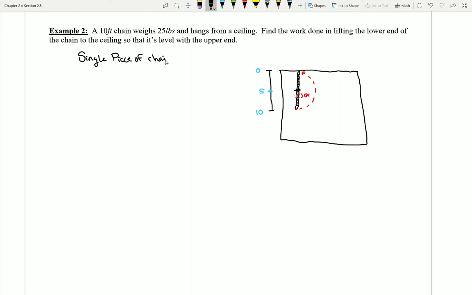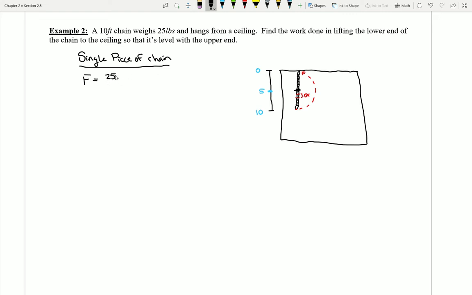So for my single piece of chain here, I'll start the same way I did before. I know that the force applied to that piece of chain is going to be found by thinking about how much the cable actually weighs per foot.